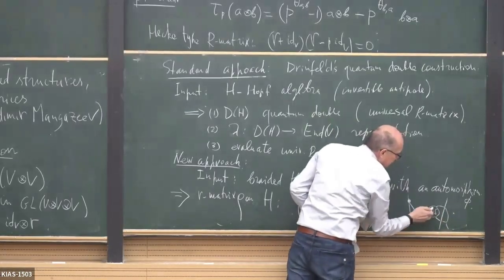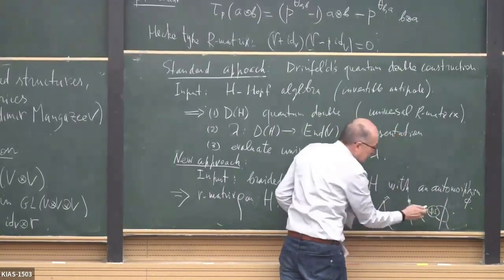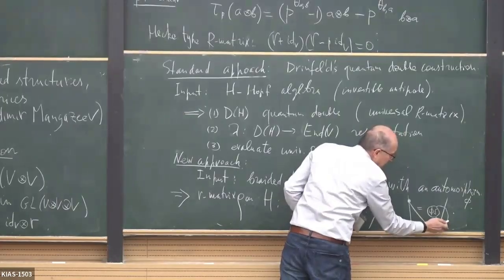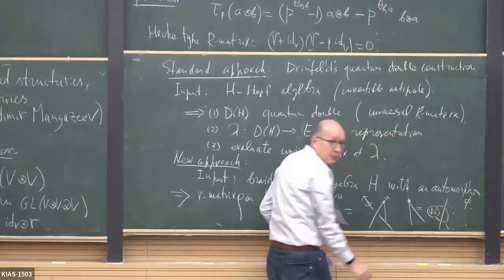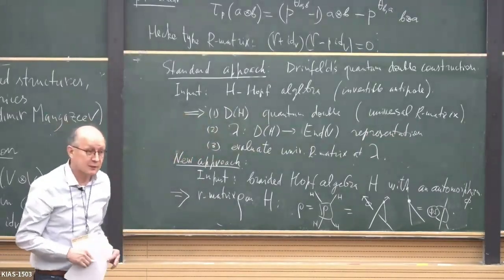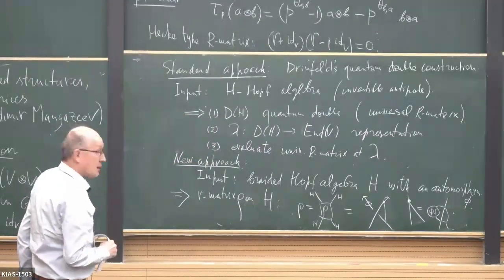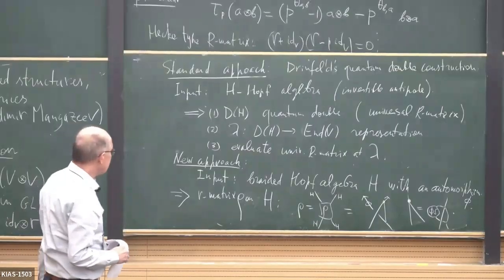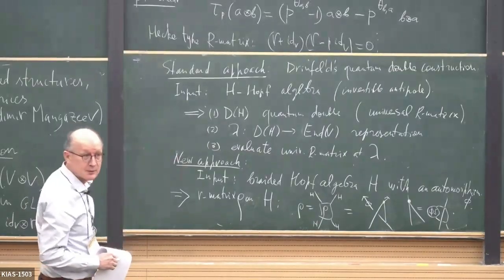So this is the automorphism. S is the antipode. This is the coproduct. Again, the braiding, and the triple product here. So phi is fixed. Any phi, and then you have an R-matrix.